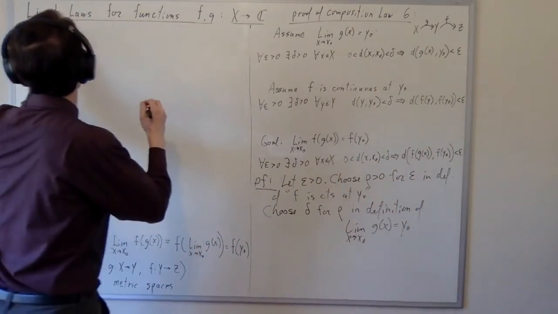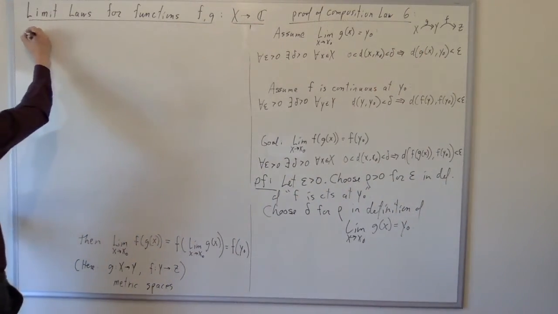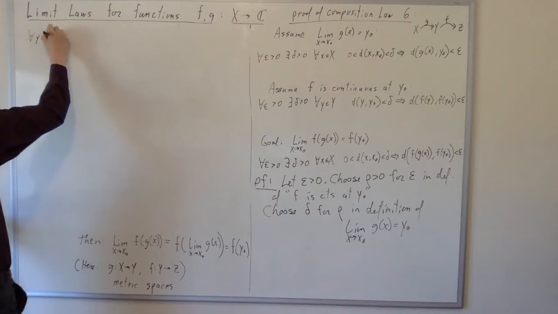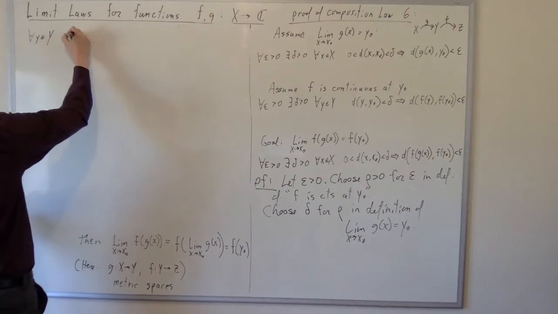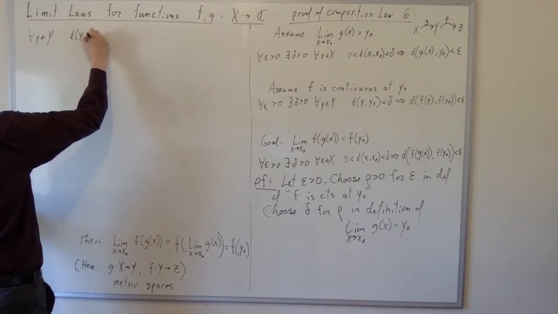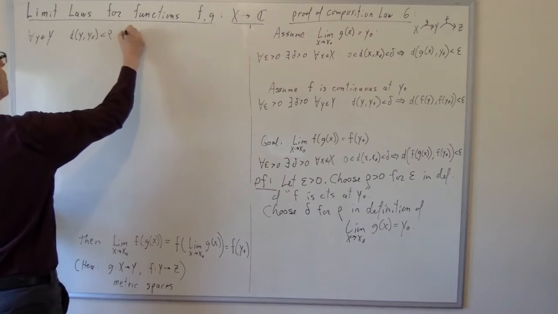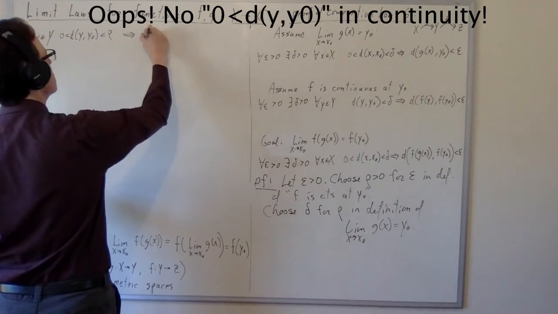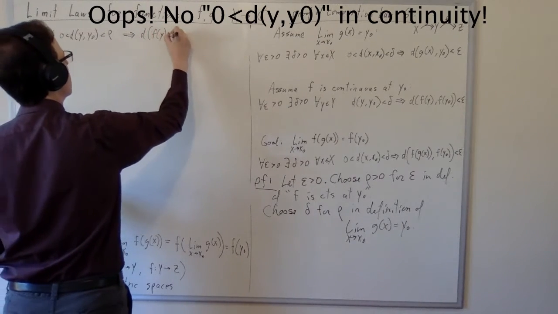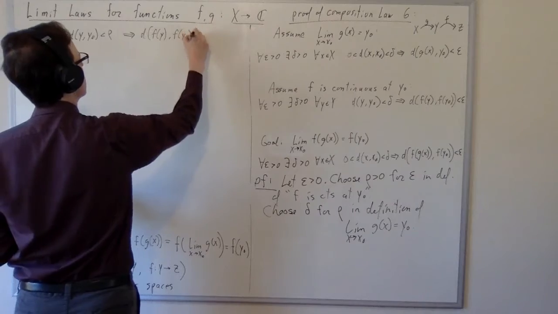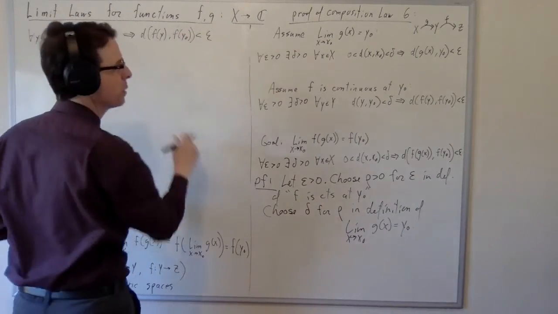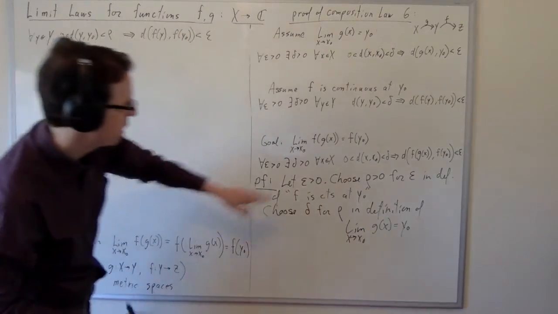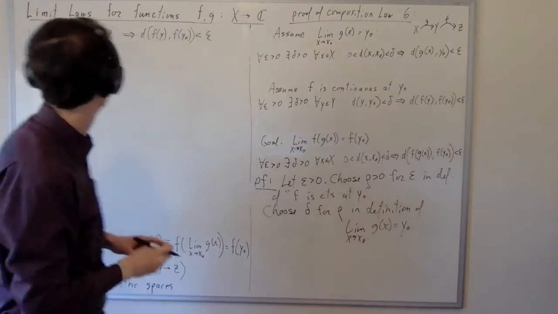So what we know about rho is for every y in the metric space y, if the distance between y and y naught is less than rho and greater than 0, then the distance between f of y and f of y naught is less than epsilon. So that's what I know. That basically comes from the choice of rho.